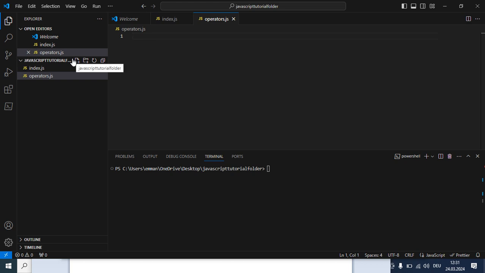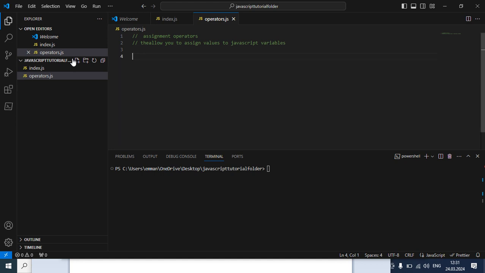So we are looking at assignment operators. They allow you to assign values to JavaScript variables.